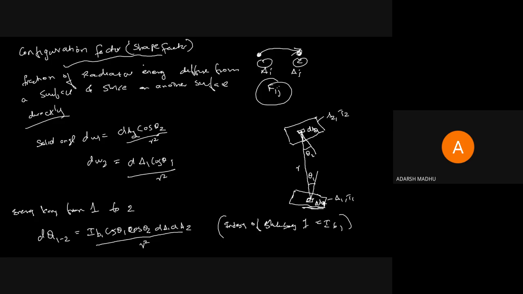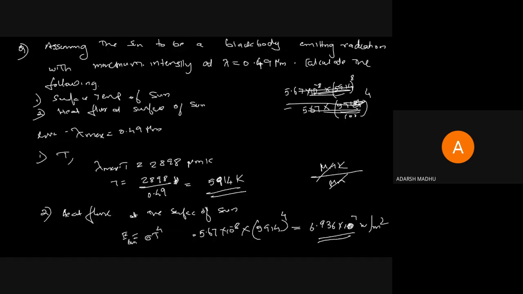The distance is r, theta is the same in both, area is also dA1 dA2. So IB2 and IB1 are the only changing values.